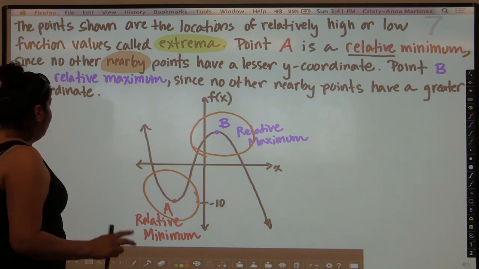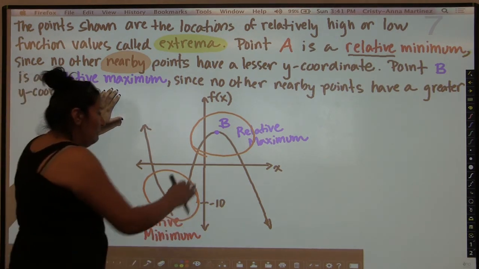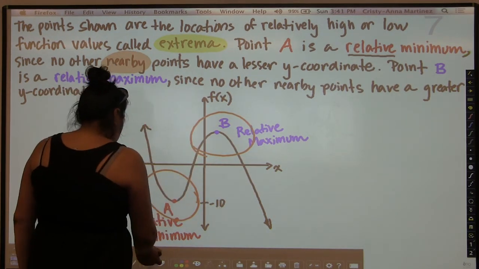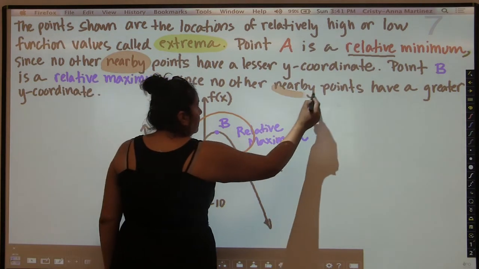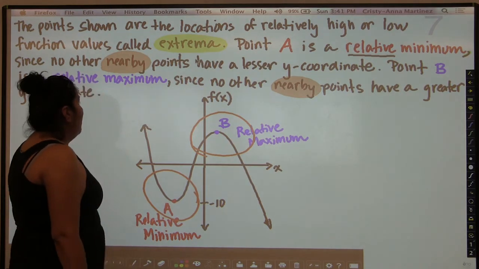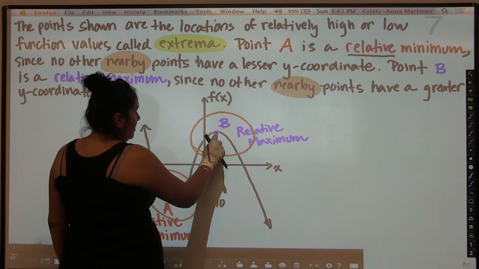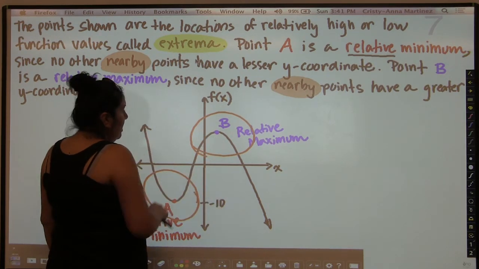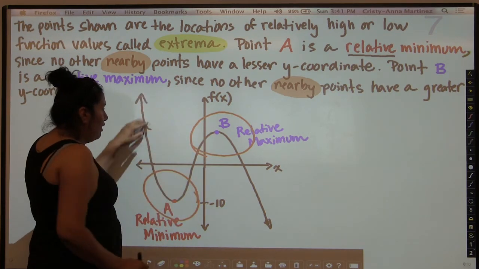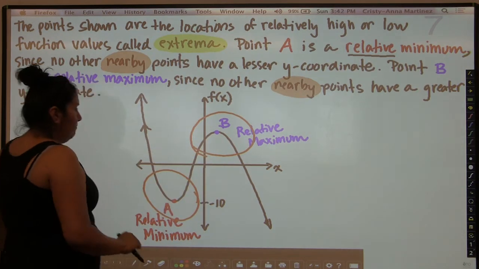And likewise, we have this guy over here. Point B is a relative maximum because it's the highest point in this area. Since no other nearby points, nearby, again, the key word there, all right, no other nearby points have a greater y-coordinate. So in this circle, this point has the highest y value, even though we know that later on there is a higher y value up here, but in this general vicinity, that's the highest point, okay?